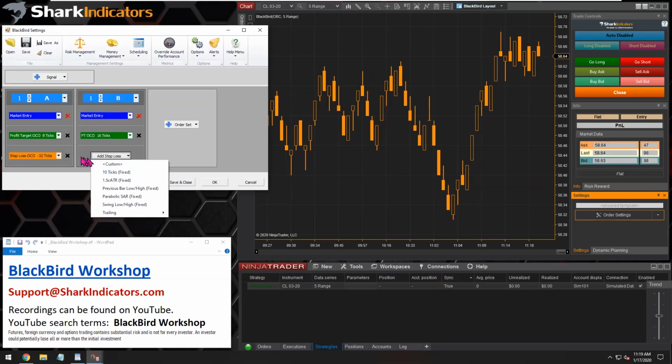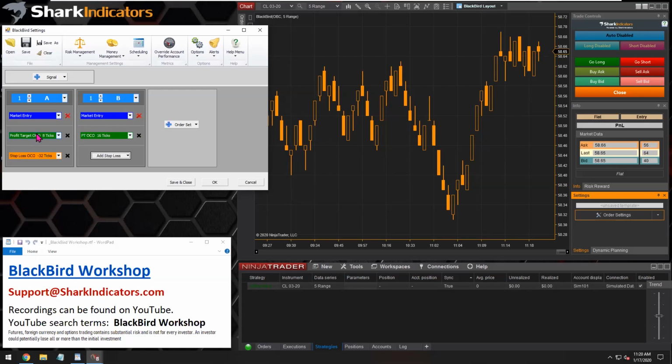Also, we're going to pull the profit target for A down to break even. So order set A turns into a break even trade, although since we're scaling in, it's not truly break even because our average entry price is going to be 8 ticks lower.